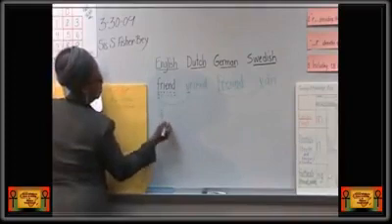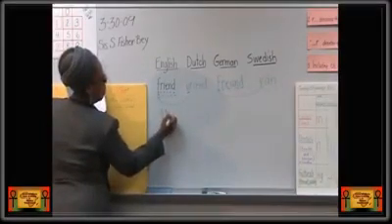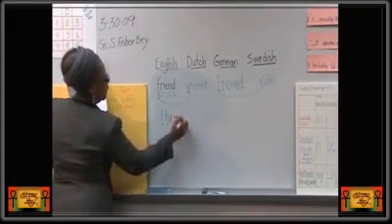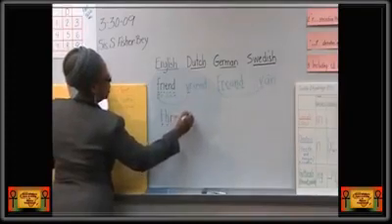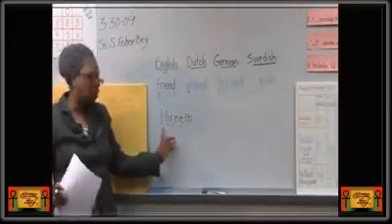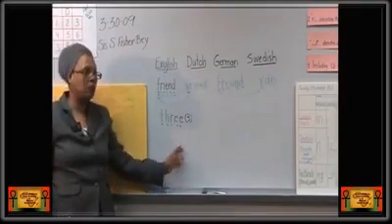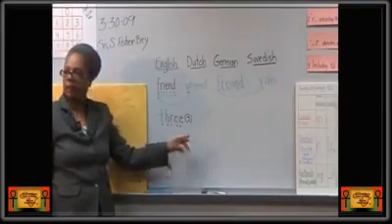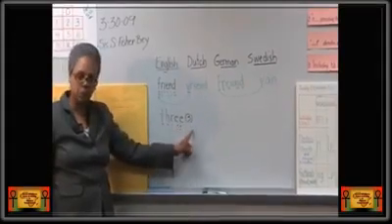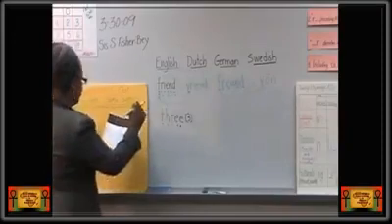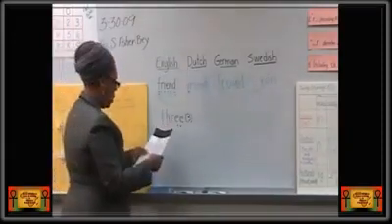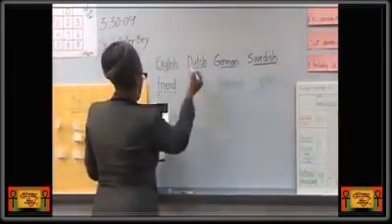T, H, R, E, E. And what I'm going to do, I'm going to put this here for those children who are still struggling with letters and words, but they recognize their numbers, so they'll know that this is just what we're talking about. The word 3, the numeral 3. Everybody, 3. Now we all can count. We know 3. In Dutch.